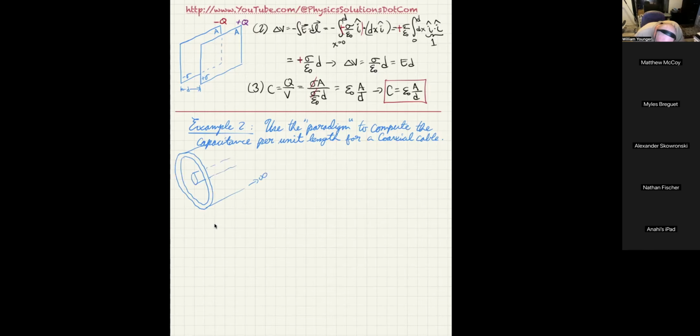So we're actually imagining this is an infinitely long coaxial cable. The inner radius, which I'll say is from here to here, I'm going to call r sub a.